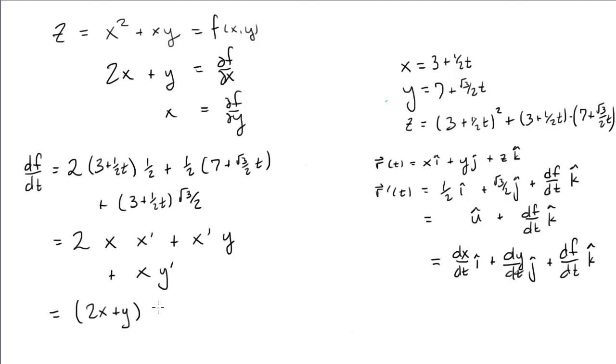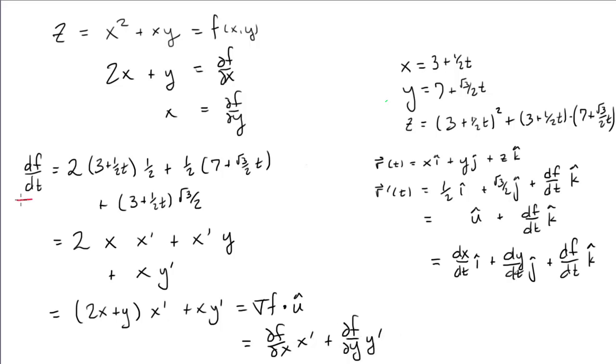Collecting derivative terms. There's our dot product. Expanding out what u hat is. That's our chain rule. Notice that nothing in the construction required u hat to be a unit vector. We just did it because it's standard.